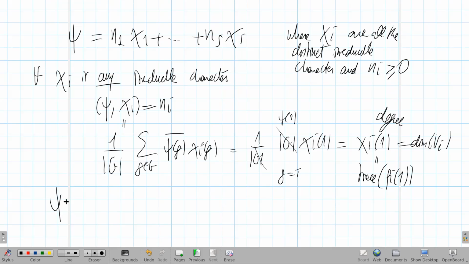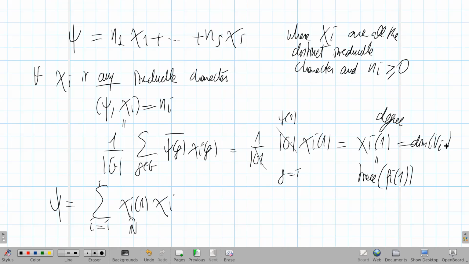So what we found is that psi is the sum from 1 to S of chi I of 1 times chi I. So this is a positive integer, and these are all the irreducible characters. Any irreducible character appears here, is one of these, and appears as many times as its degree, the dimension of the underlying vector space.